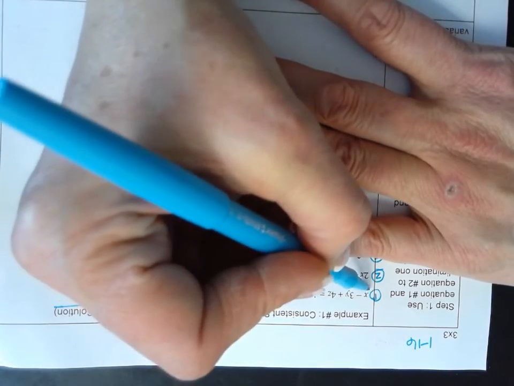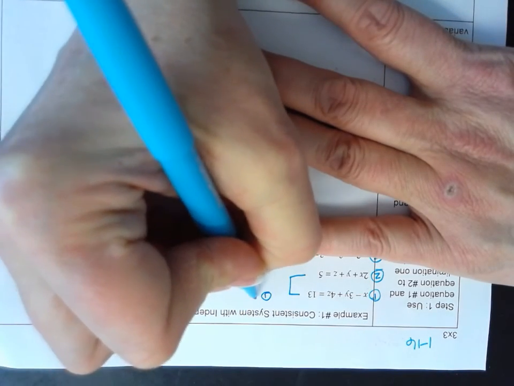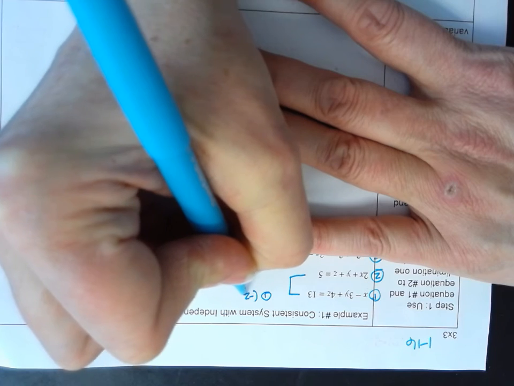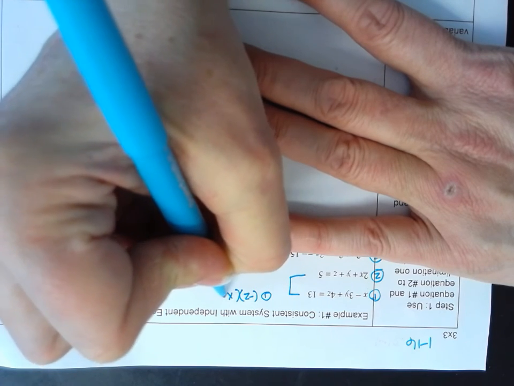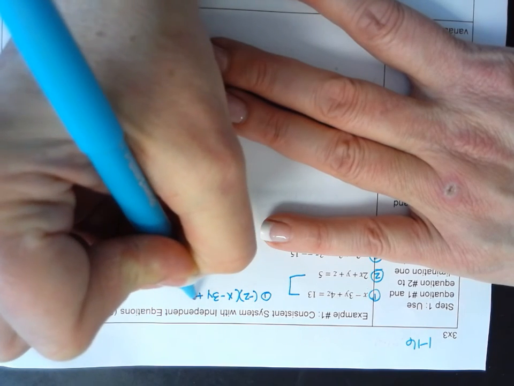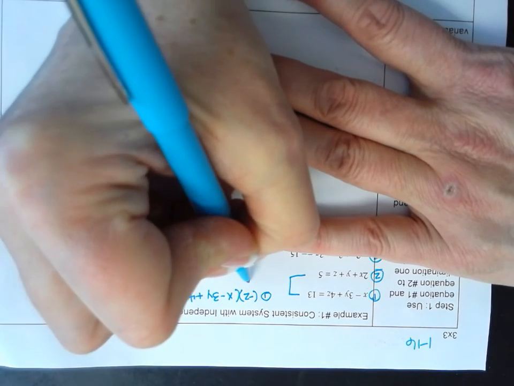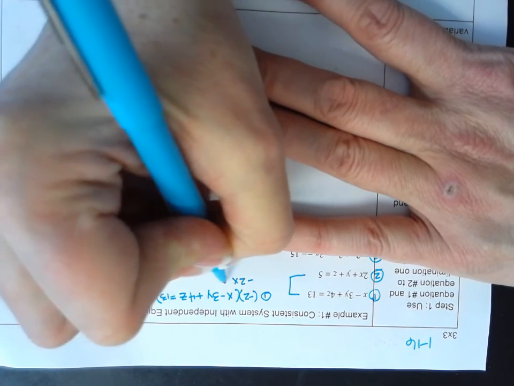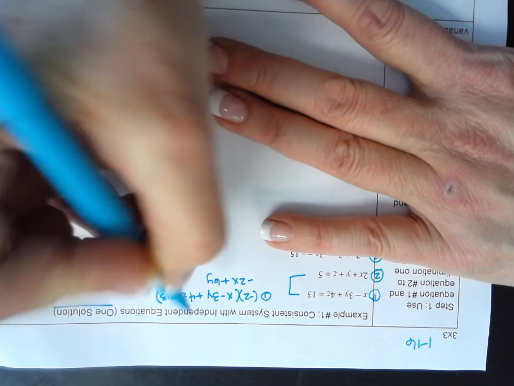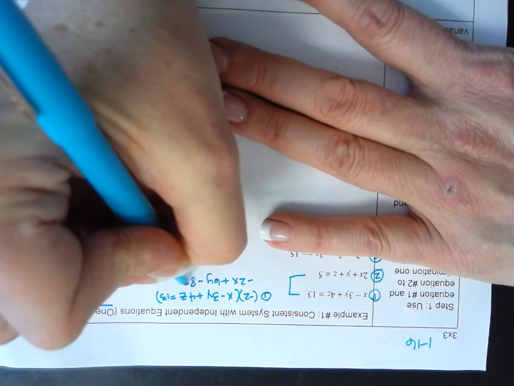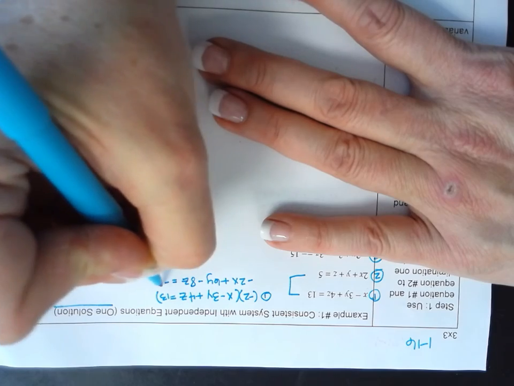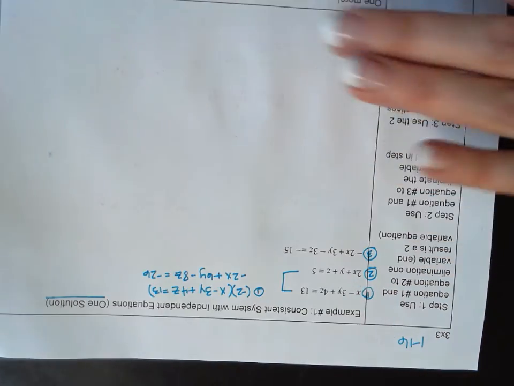So that means I got to multiply number 1 by a -2. And so I'm going to have -2x plus 6y minus 8z equals -26.